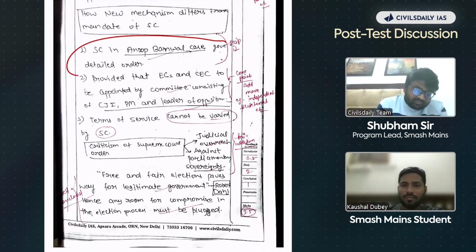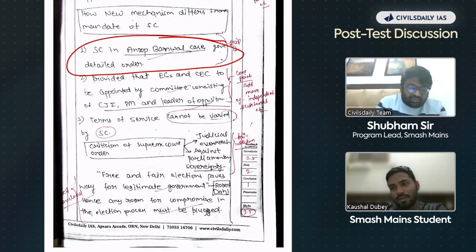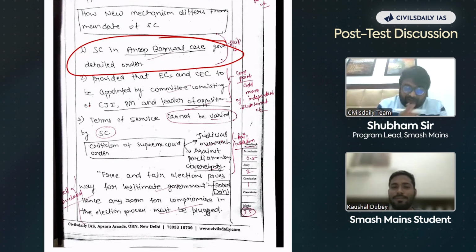Here also, this is not at all a point. How it is different, that you have to mention. So where should I have put this Anup Baranwal thing? In the introduction itself we are putting it, no? The contextual introduction is where I should have put it.